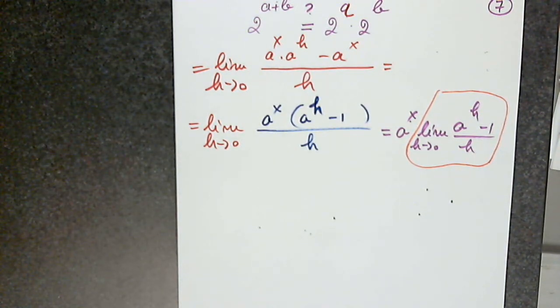So, parentheses for the top. Oops, not that. This one. Oh, I'm sorry. I thought I did. Sorry. So parenthesis a raised to the h minus what? Minus 1, close the parenthesis, divided by what? h, comma what? h, exactly, close the parenthesis, semicolon.